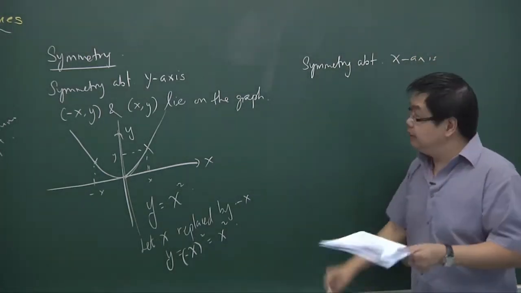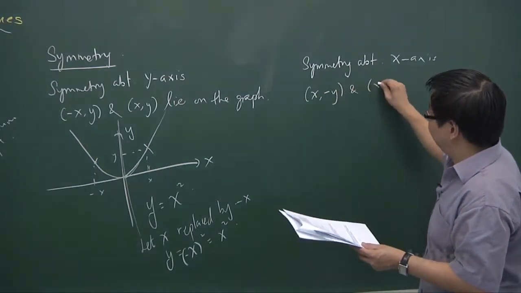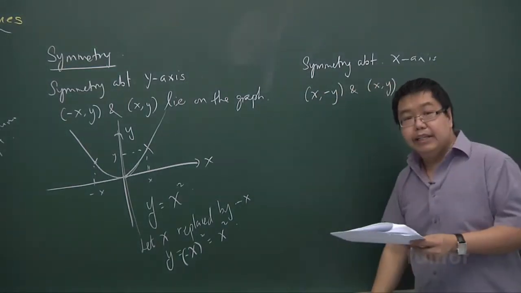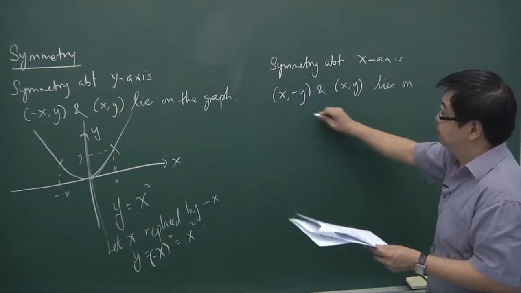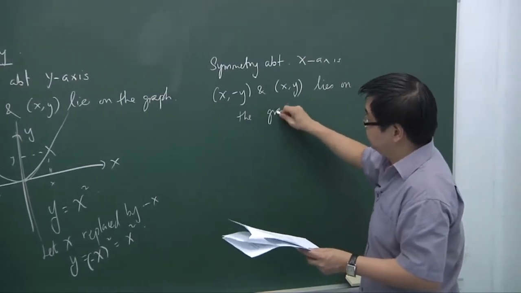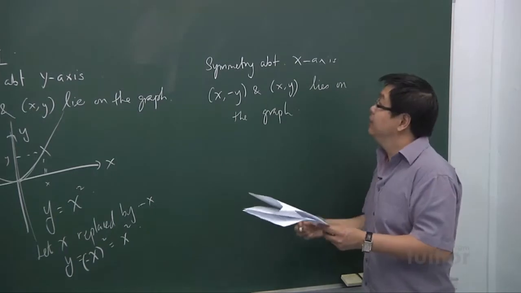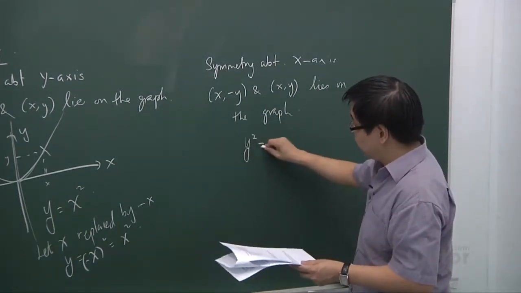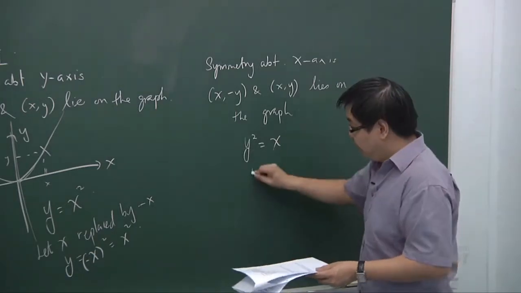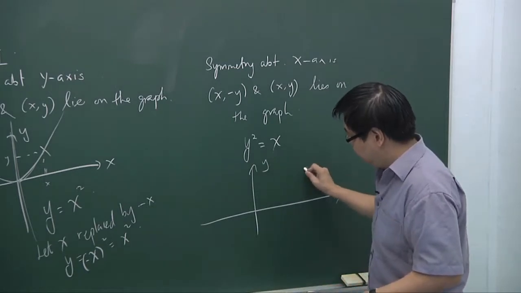It says that if the points (x, −y) and (x, y) lie on the graph, then we say that the graph has a symmetry about the x-axis. One such example is y squared equals x, where the graph looks like this: x-axis, y-axis, the curve looks something like that.